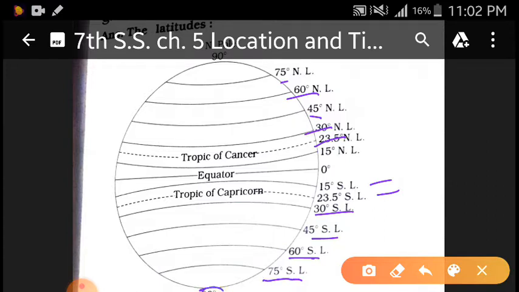Here at the corner it is 90 degrees. So this is about latitude.